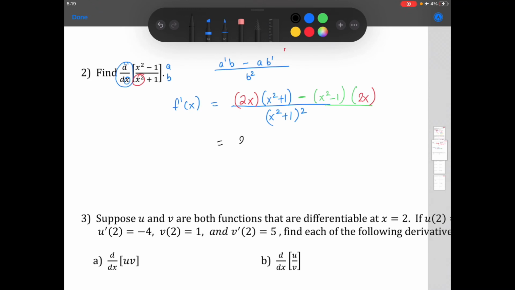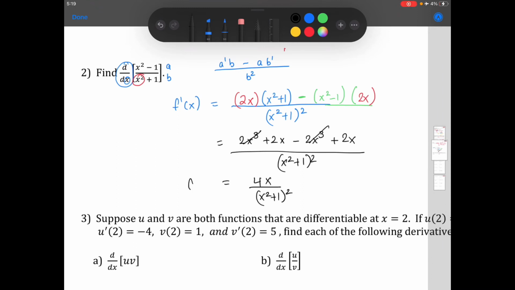I get 2x cubed plus 2x minus 2x cubed plus 2x, right? The 2x cubed and 2x cubed cancel out, over x squared plus 1 squared. So I'm left with 4x over x squared plus 1 squared. And that's my derivative of f of x.